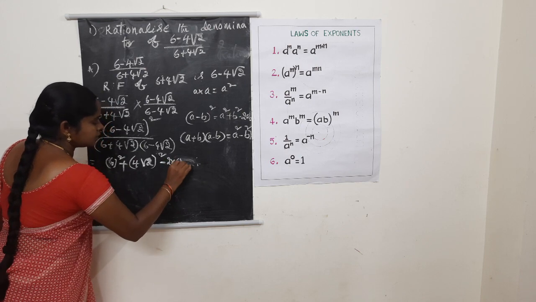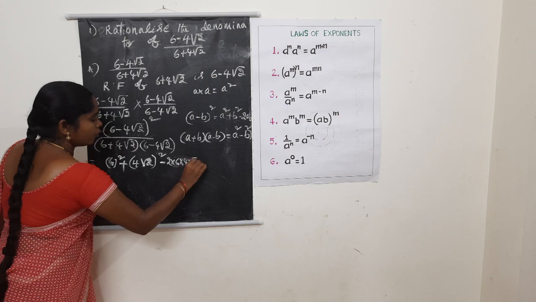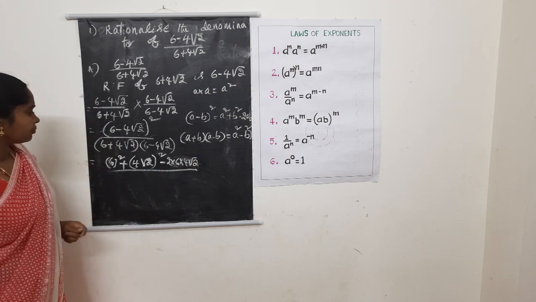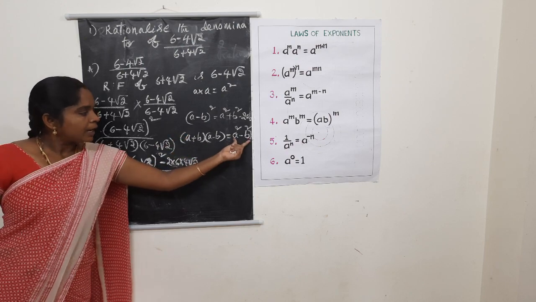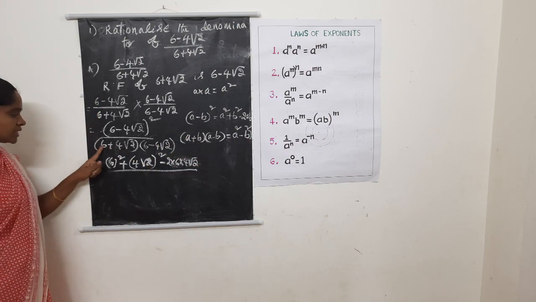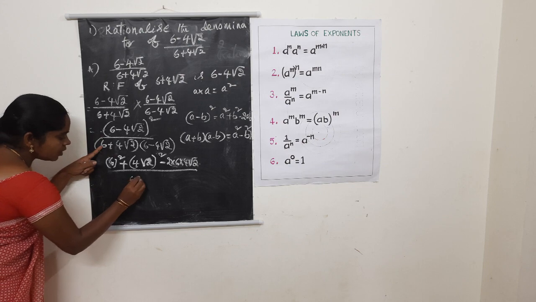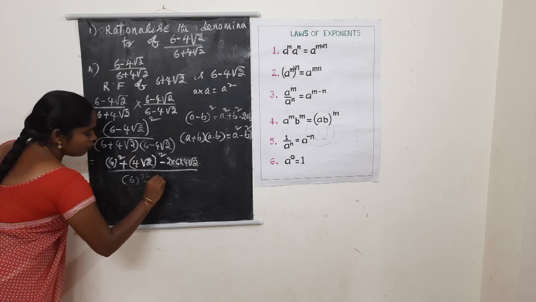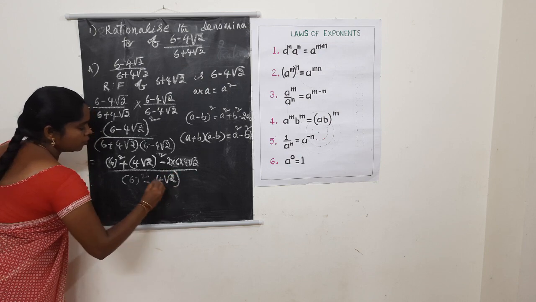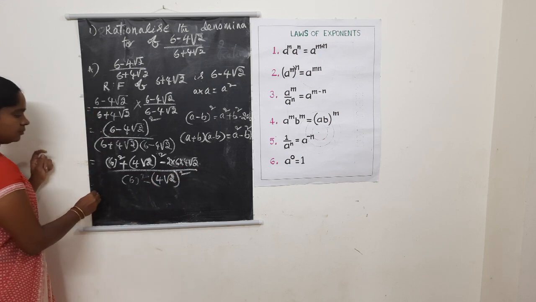2 into 6 into 4 root 2, by, this is in the form of a plus b into a minus b. We can apply this formula, a square minus b square. The value of a is 6 square minus b, which is 4 root 2 whole square.